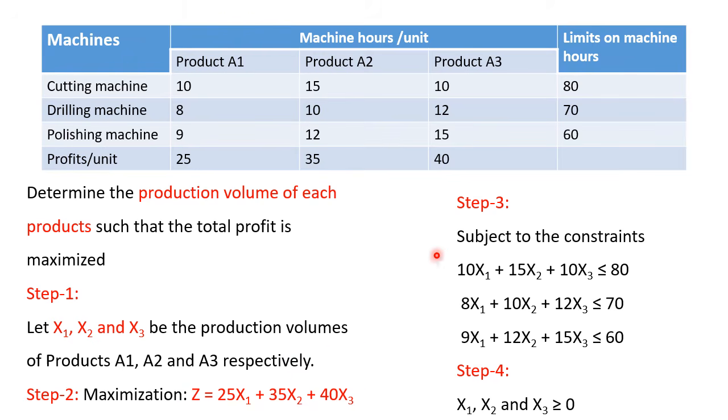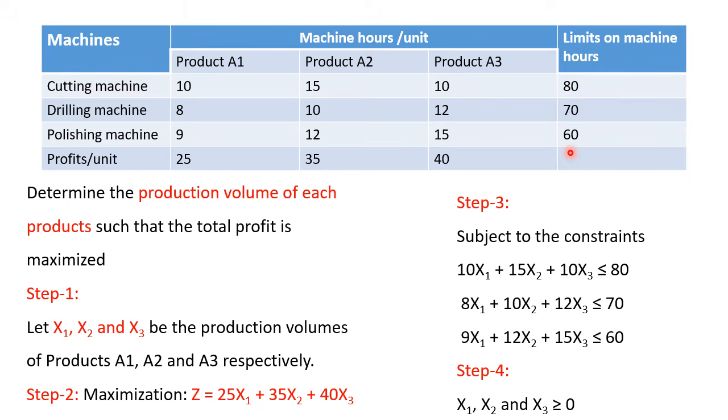After stating the objective function, step 3 is to mention the constraints. The constraint for the cutting machine is 80. We only have 80 hours for the cutting machine, so 10x1 plus 15x2 plus 10x3 less than or equal to 80.